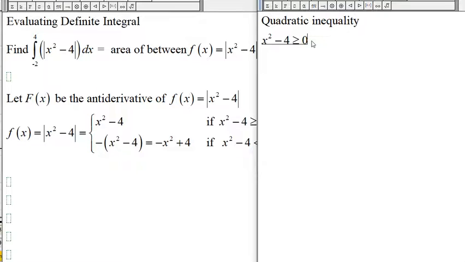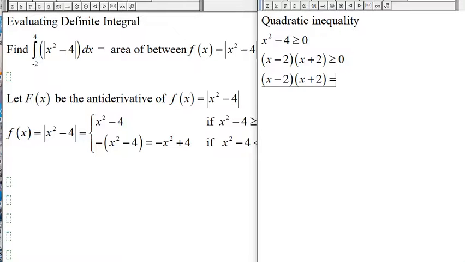To solve this type of quadratic inequality, what we do is this. We first factor the left side. So it's x minus 2 and then x plus 2, and then this is equal to 0. And then next, write the corresponding equality.